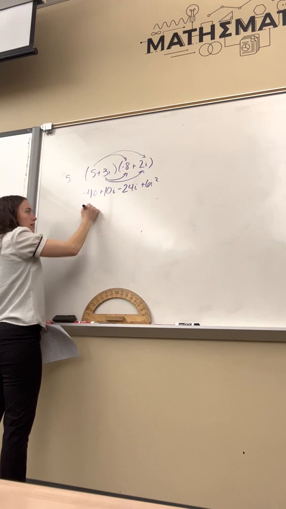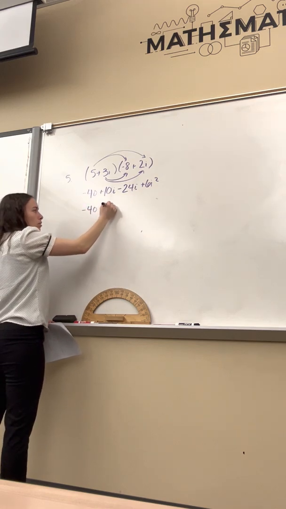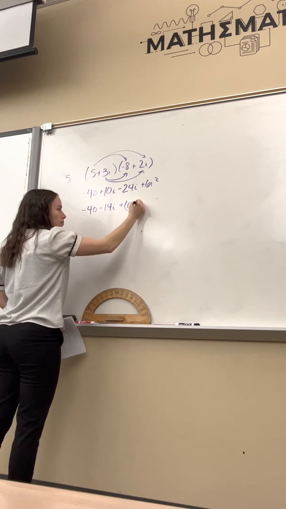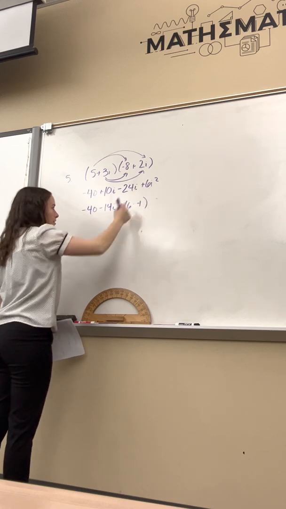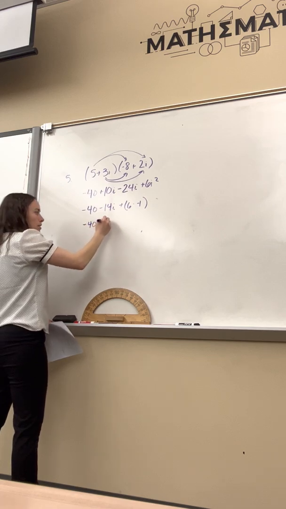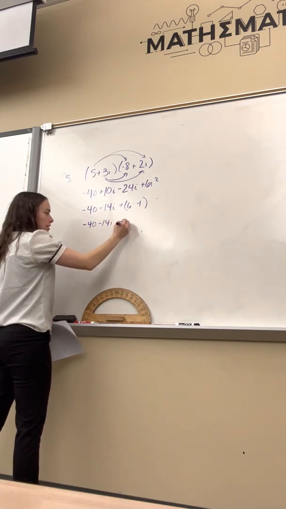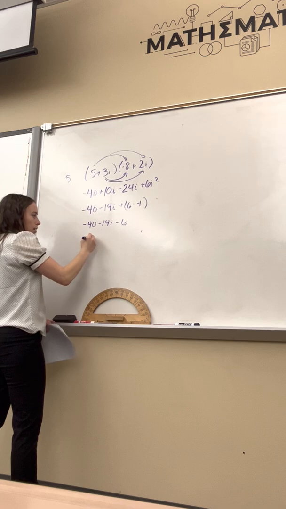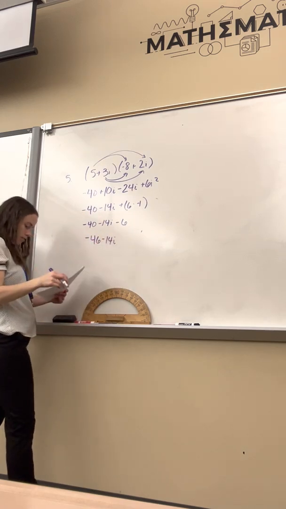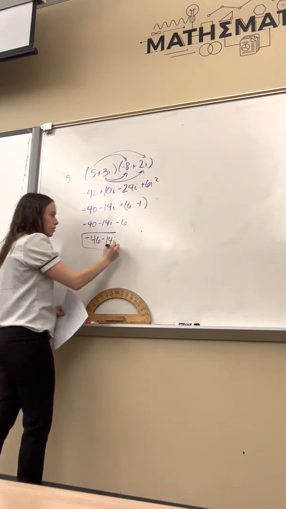Simplifying this down, we have negative 40 minus 14i plus 6 times negative 1. i squared is negative 1. Negative 40 minus 14i minus 6. So we're left with negative 46 minus 14i. And that is our final answer.